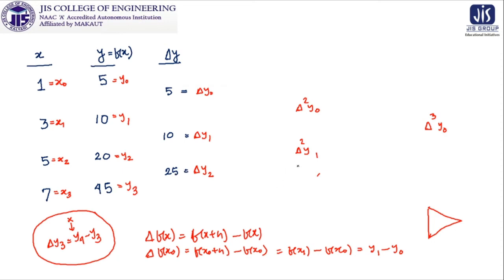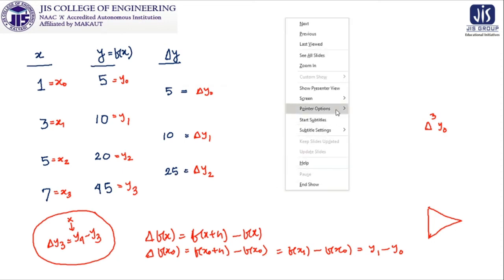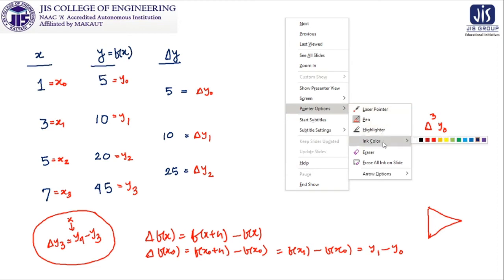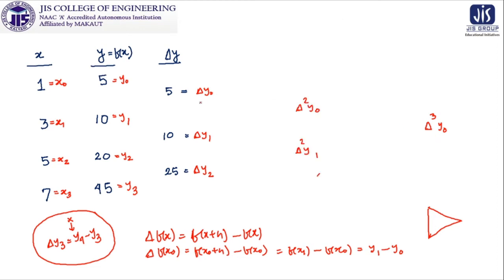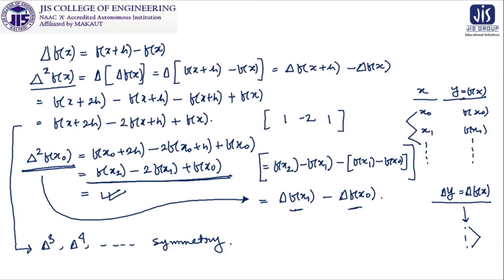And you can get the idea that it is y1 minus y0, y2 minus y1, and y3 minus y2. According to the symmetry, we already did this in the previous calculation.